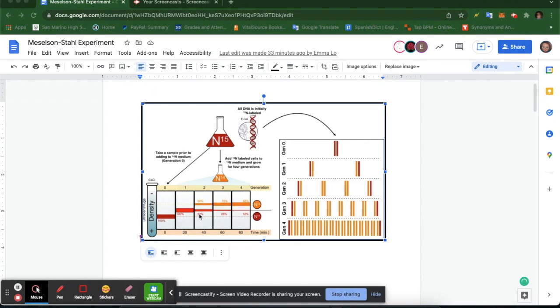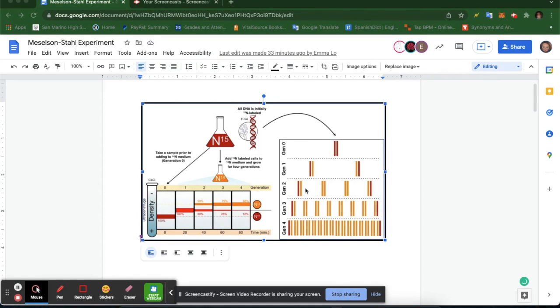In the first generation, the DNA has two strands: one strand originally from the 15N, and one from 14N that was just made. So 100% is found in between N15 and N14, and after that, the amount of N15 is the same.